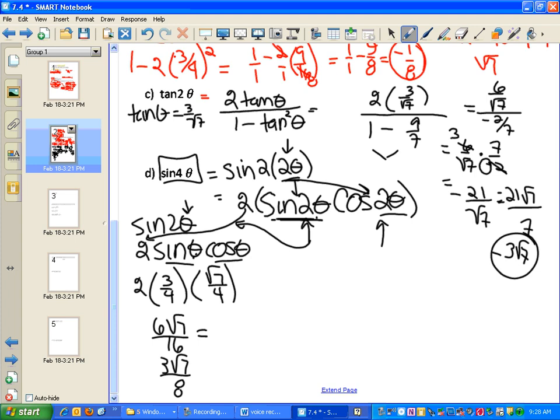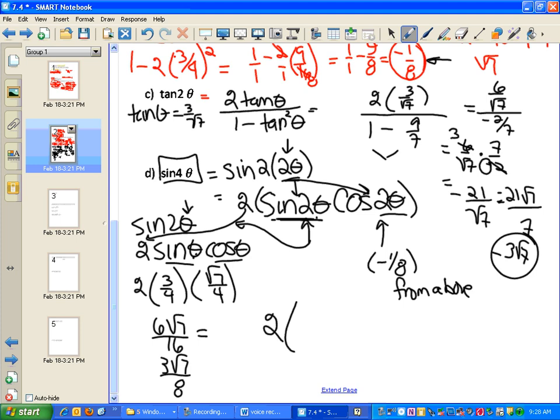Okay. And so we know that the cosine of 2 theta, we did figure it out from up there. We knew that it was what? This was negative 1/8 from above. Right? Right here. Are you with me? Okay. So now what am I going to do? I'm going to do twice.